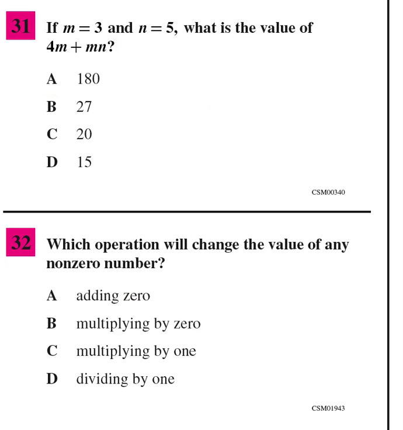Question 31. If m equals 3 and n equals 5, what is the value of 4m plus mn? This is 4 times m and this is m times n being added. 4 times m would be 4 times 3, plus m times n.